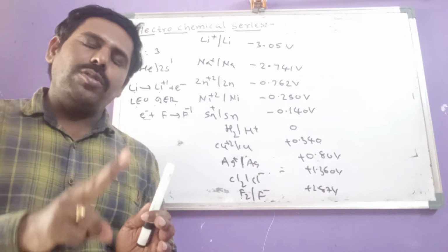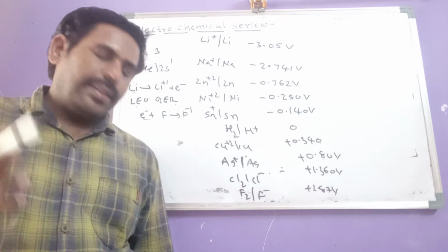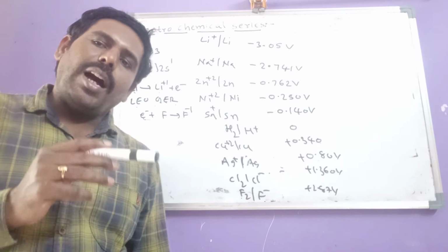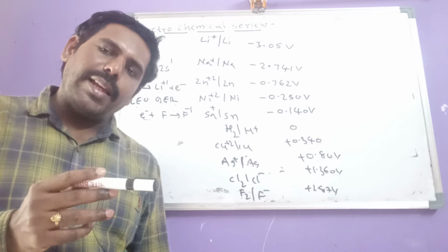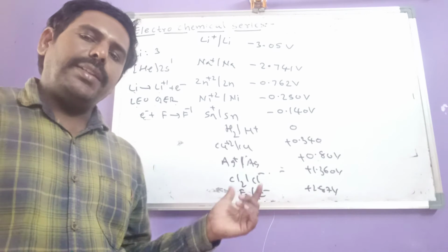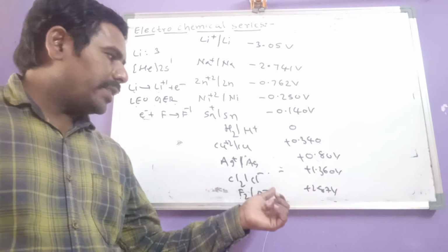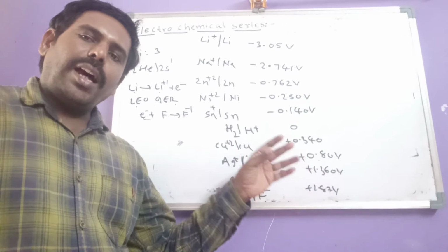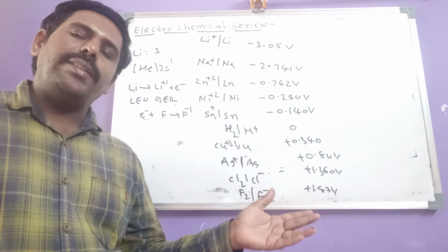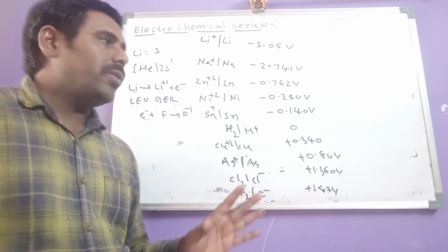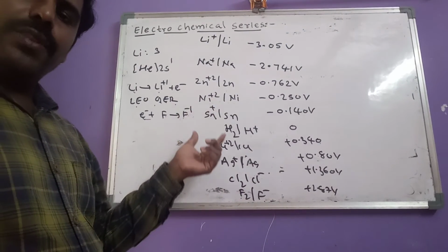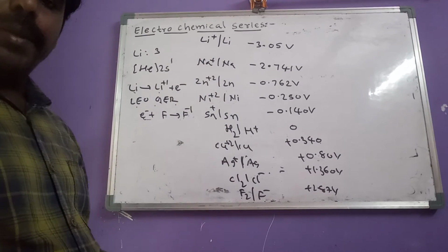So two conclusions I want to give here. The electrode with the least E0 value undergoes oxidation itself and acts as reducing agent, and the electrode with the highest E0 value undergoes reduction itself and acts as oxidizing agent. So now let us go for the different questions we come across from this electrochemical series.